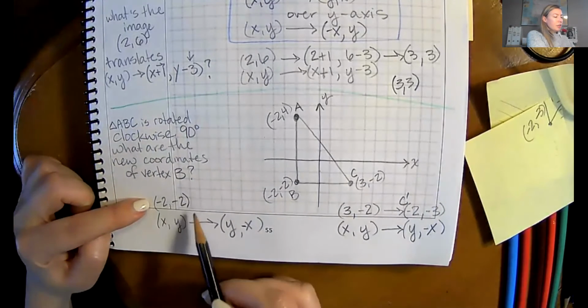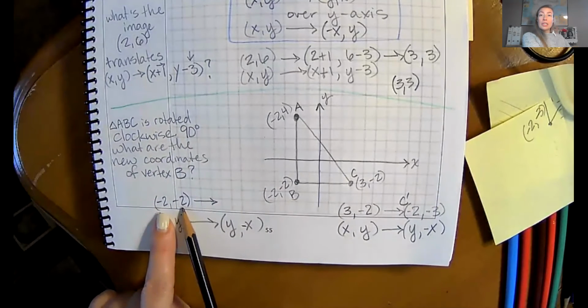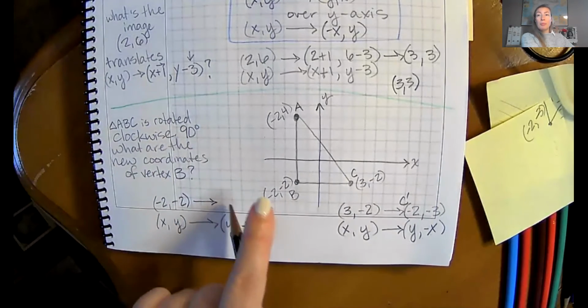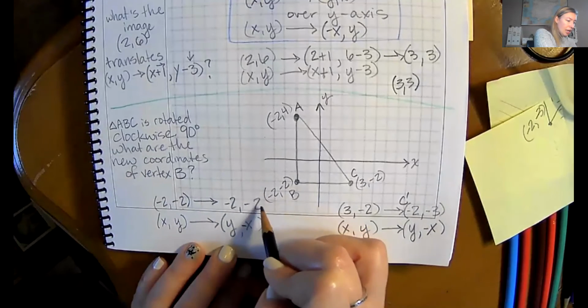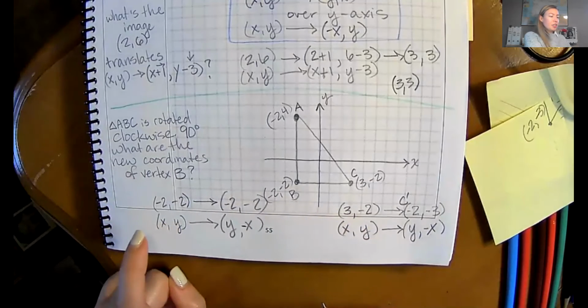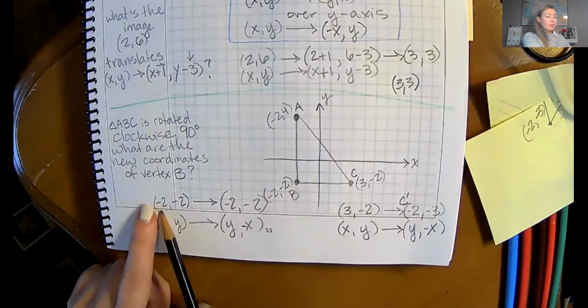All right, so let's do this. They're both the exact same number, so I'm just going to swap them, which is going to look exactly the same. And then I just need to change the sign on the one in the place of the y value that was the x before.